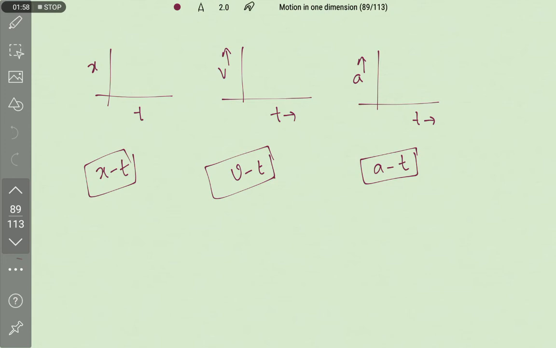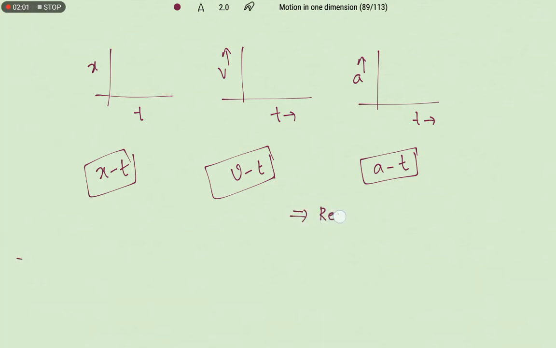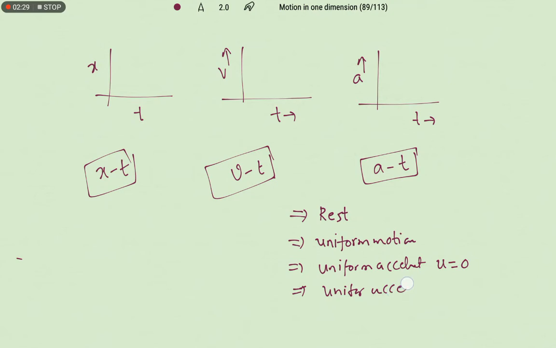First, when the object is at rest, and when the object is in uniform motion, and in the same way uniform accelerating motion with initial velocity u equals 0, and next uniform accelerating motion with initial velocity not equal to 0, and next uniform retarded motion till its velocity becomes 0.